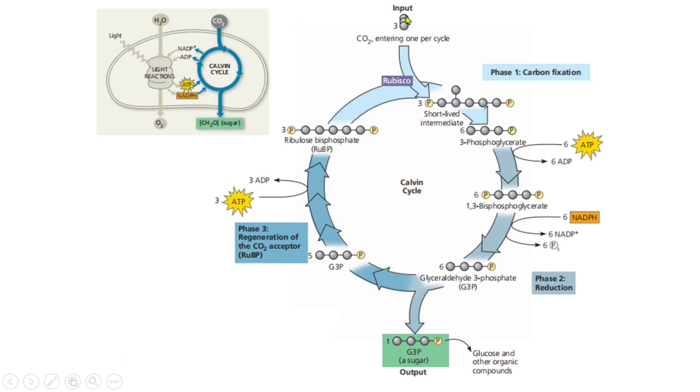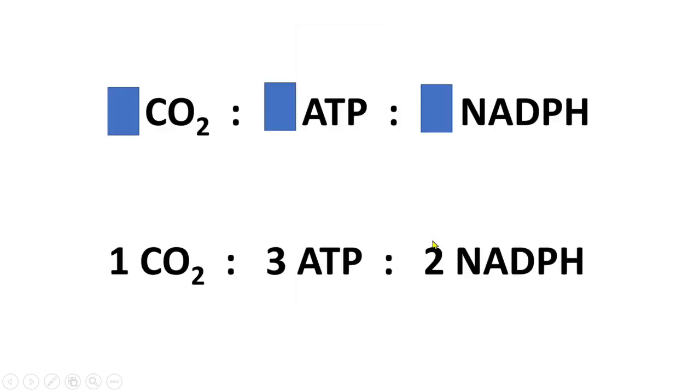So for this 3 carbon dioxide, you will use 6 ATP plus 3 ATP here, so a total of 9 ATPs, and then you will use 6 NADPH here. So the ratio would become, for every 3 carbon dioxide, 9 ATP and 6 NADPH will be needed.